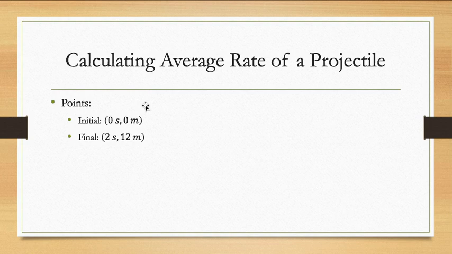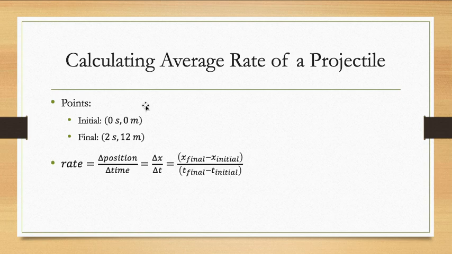We need the change in position over the change in time: the final position minus the initial position over the final time minus the initial time. Plugging in those values, our final position is 12 meters and our initial position is 0 meters.